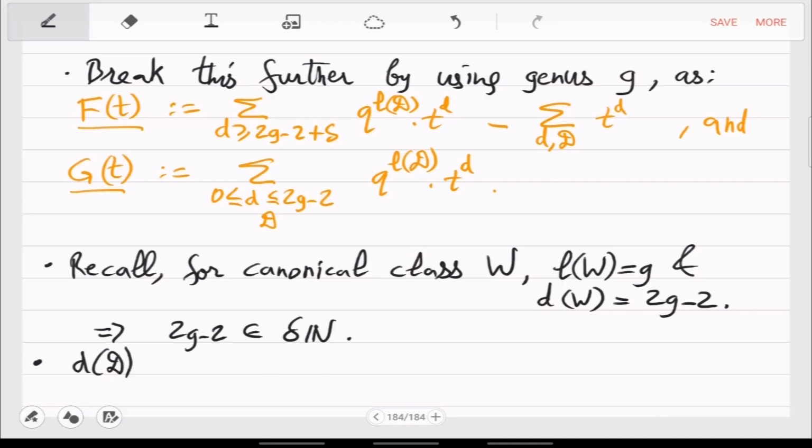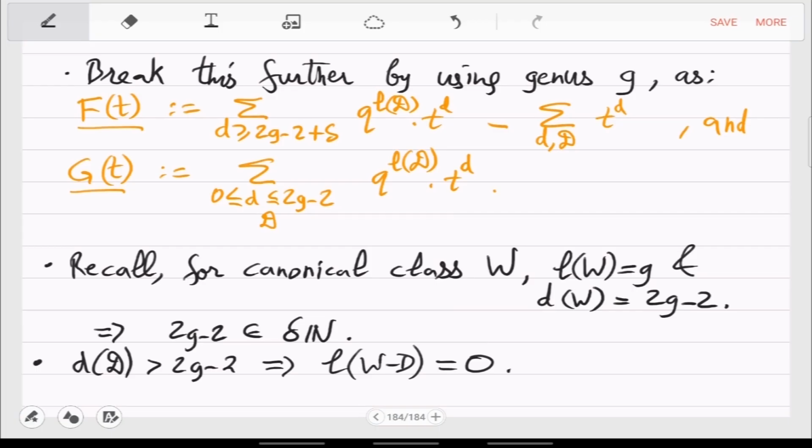Yeah, so when the degree is more than the canonical divisor, then you know that L of W minus D is nothing, right? Because W minus D essentially is a negative degree divisor, so you cannot even have constant functions greater than or equal to that.